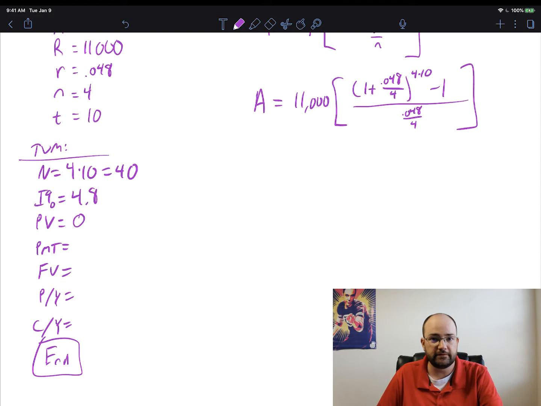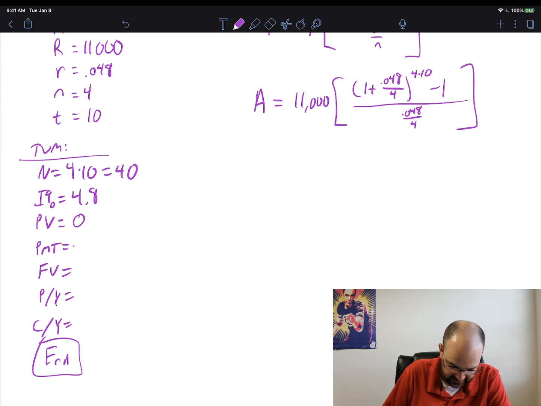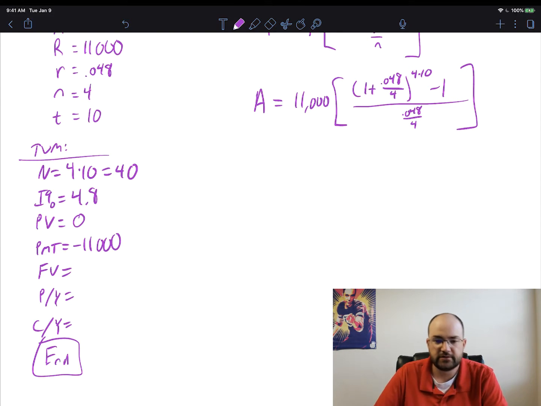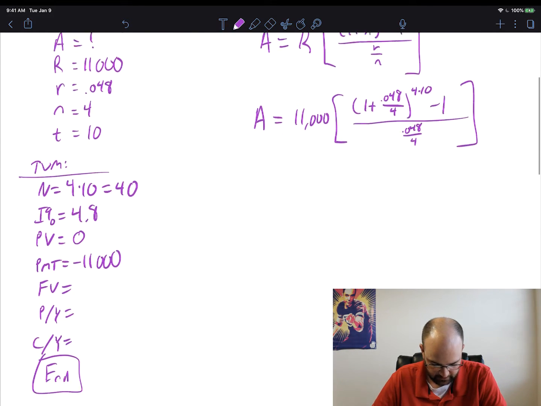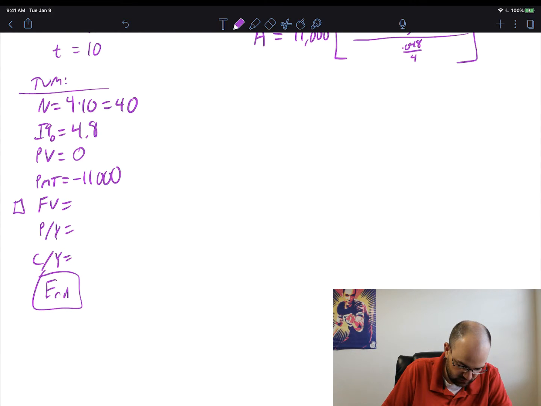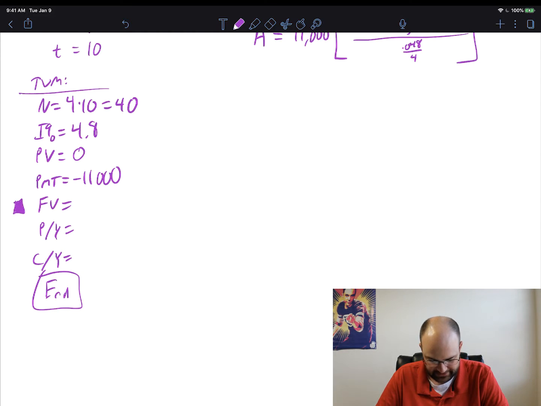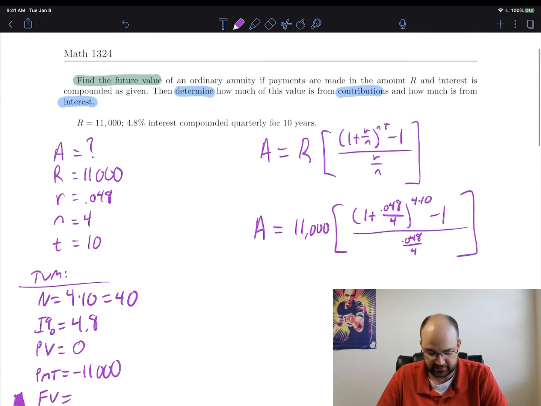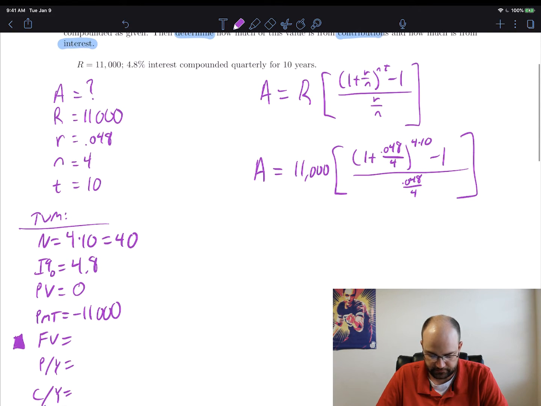And because we are giving the money away, we are losing it during that time, so it is minus 11,000. Future value, we don't know. That's what we're trying to figure out here. P/Y is payments per year, C/Y, compounding events per year. There will be 4 of them.